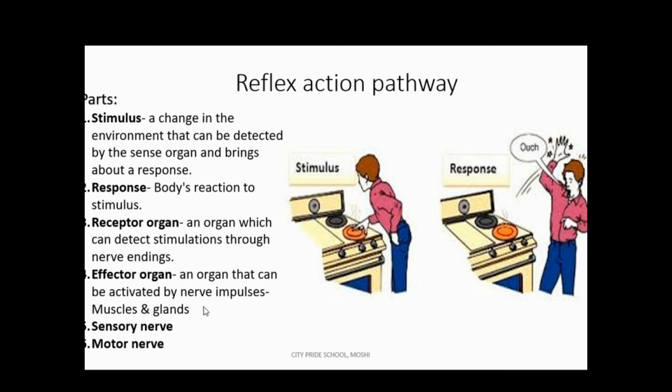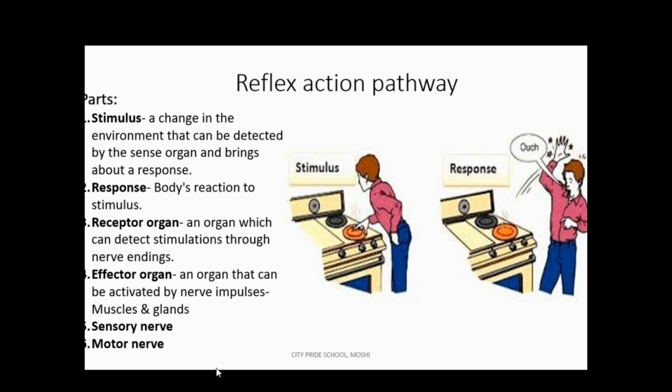An effector organ is an organ which can be activated by nerve impulses, such as your muscles and glands in your body which produce secretions. For example, when you smell delicious food, the receptor organ, that is your nose, tells the brain that there is some food available, and the brain will activate the salivary glands in your mouth through motor nerve endings which run from the brain to the salivary glands, and the salivary glands will produce saliva in the mouth.